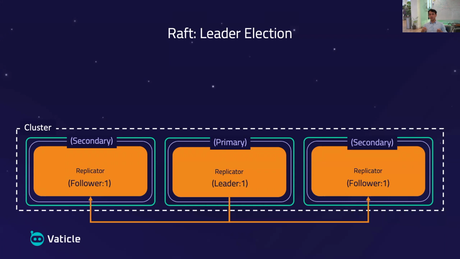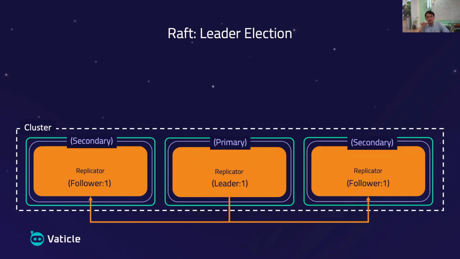This pulse is important because, as I said before, if a follower doesn't hear from the leader, it will think that the leader has died or just doesn't exist and will start a new election process. And we want to minimize the number of times this election process happens because it will impact the performance, basically.